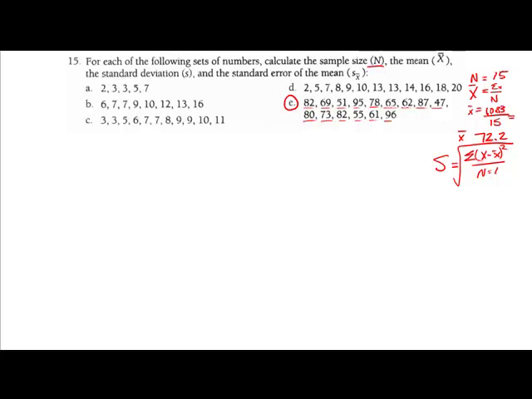So hopefully I've got a nice big sheet of paper, because I'm going to have to go through and do 82, 69, 51 minus 72.2. So I would do that for all of these.